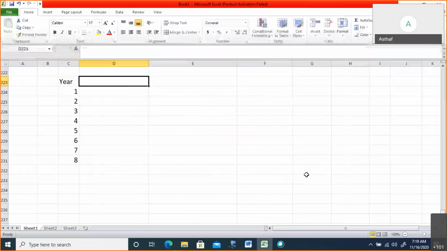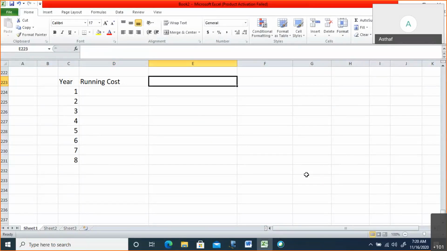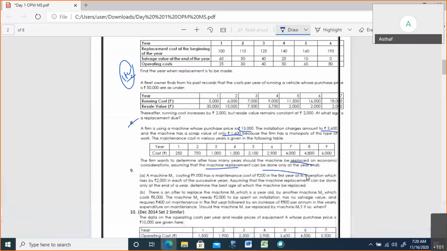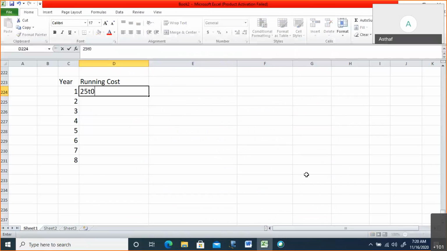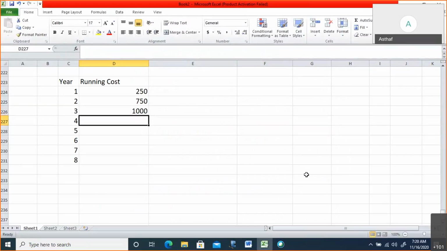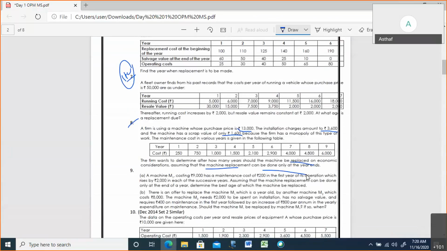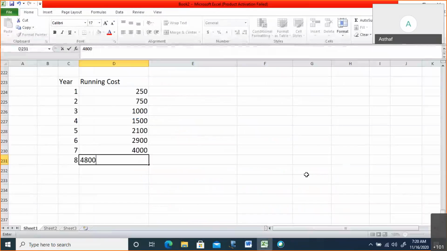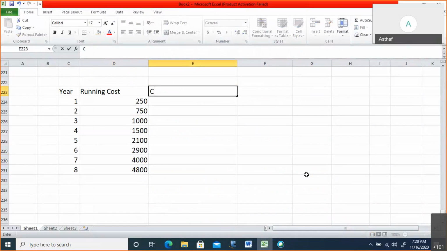See the maintenance cost or running cost, what is the running cost? 250, 7,000, 4,000. So we have to make it cumulative running cost.